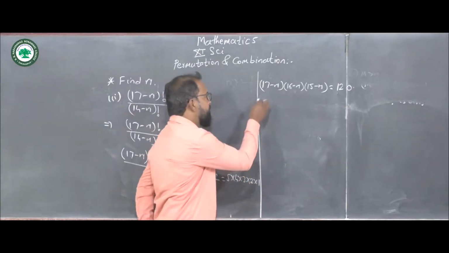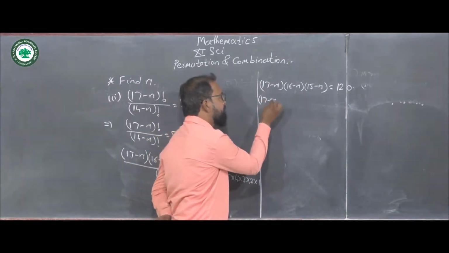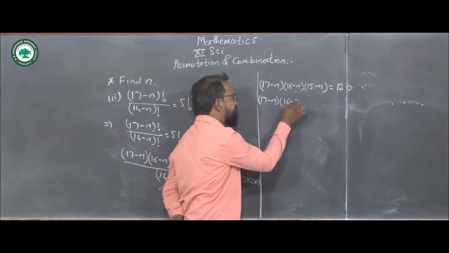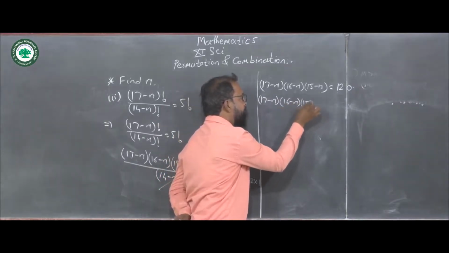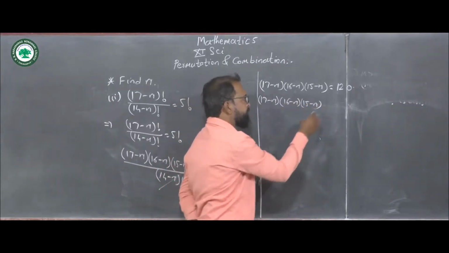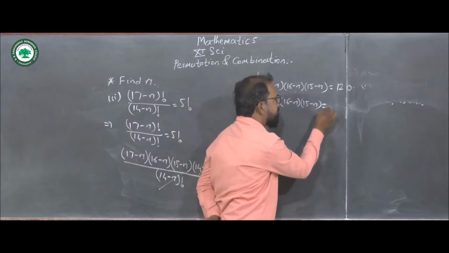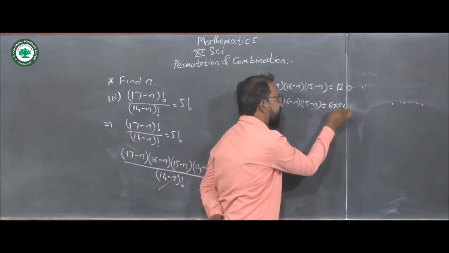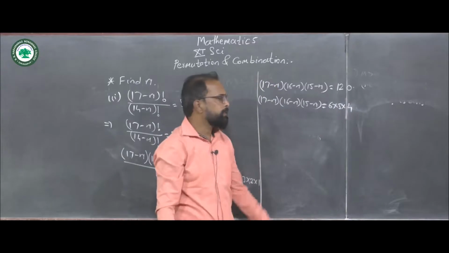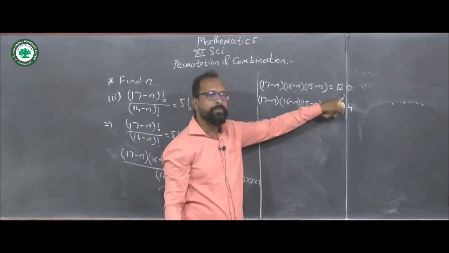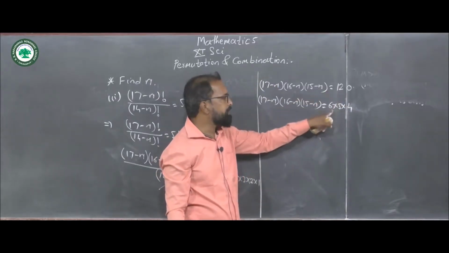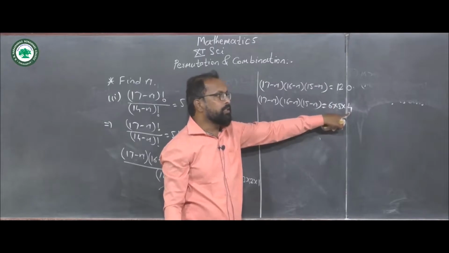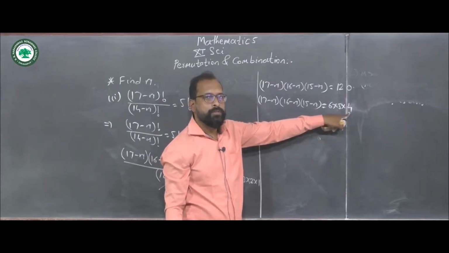So this can be written as 17 minus n, 16 minus n, 15 minus n equals 6 into 5 into 4, since 6 into 5 into 4 becomes 120 and 6, 5, 4 are 3 consecutive natural numbers.